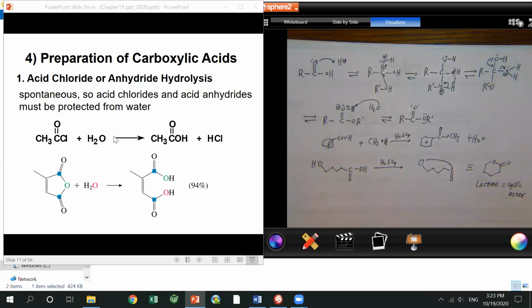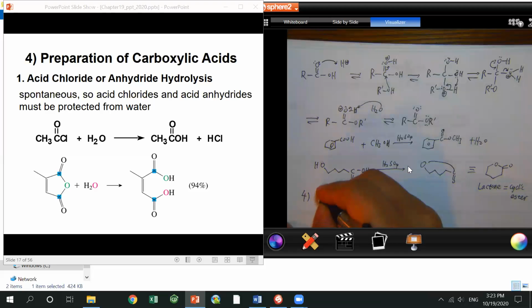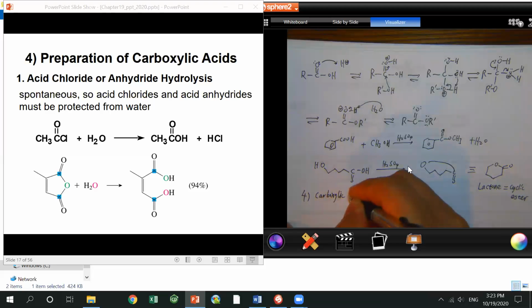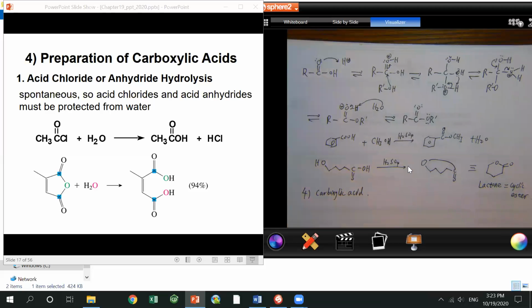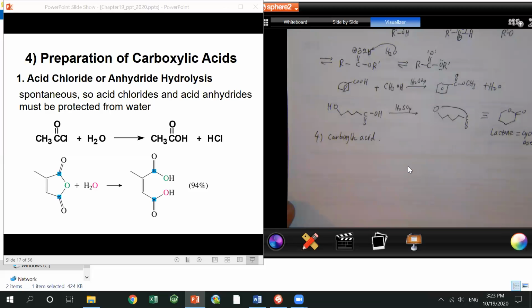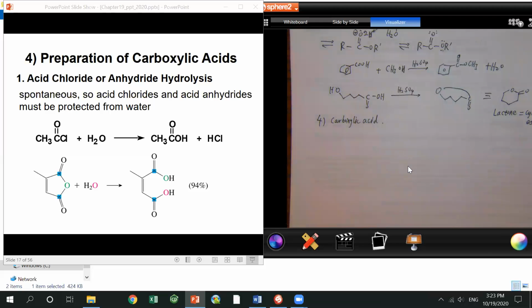Right, okay. So that's it, how we make esters. The following, we will learn how to make the carboxylic acid. The easiest way is from the acid chloride and also the anhydride.